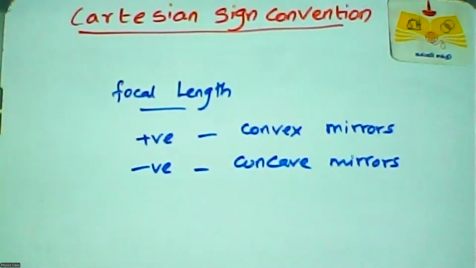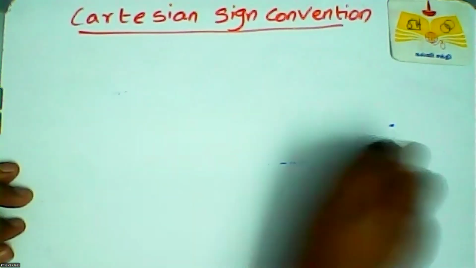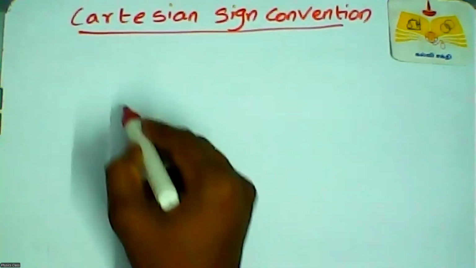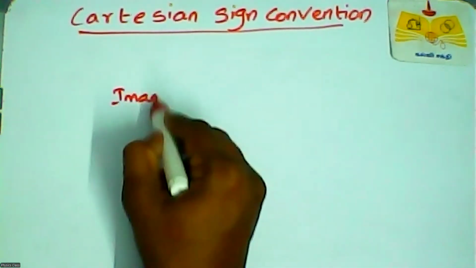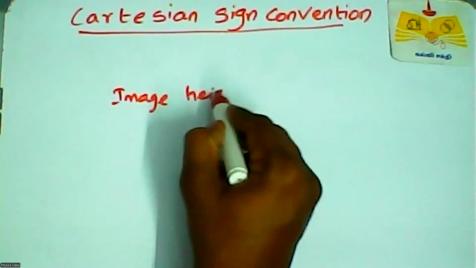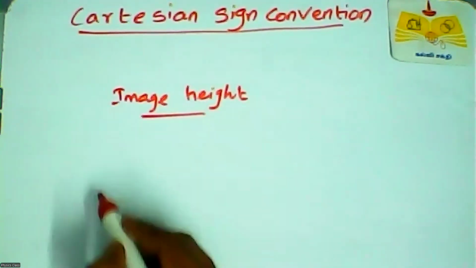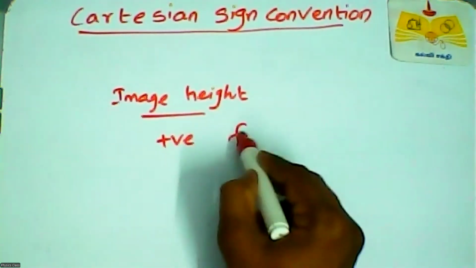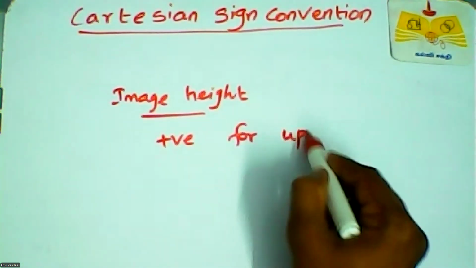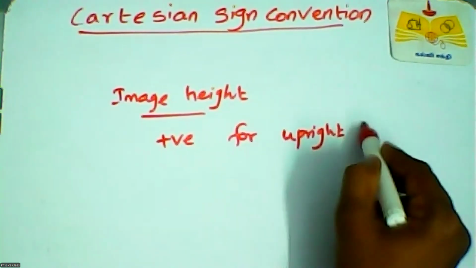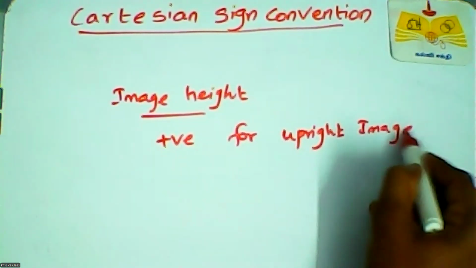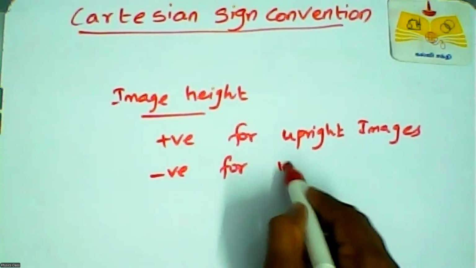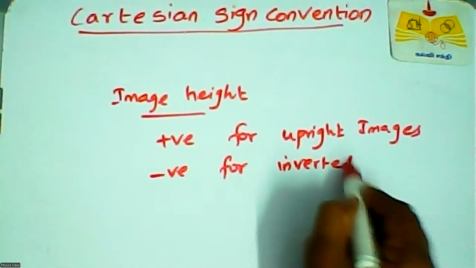Image height is positive for upright images and negative for inverted images.